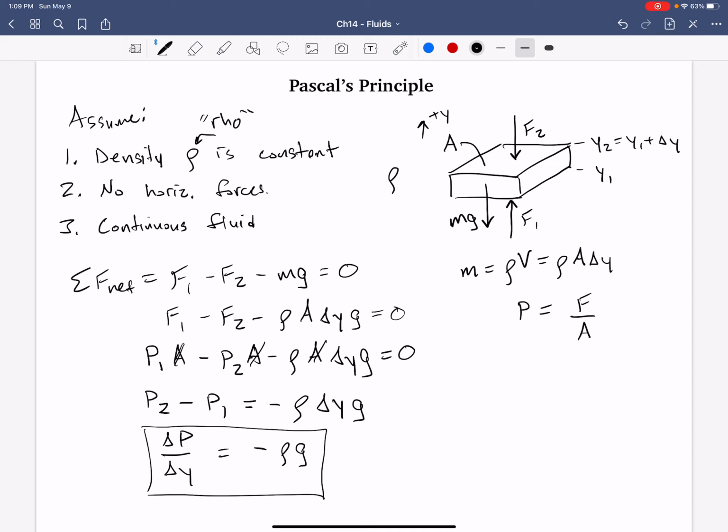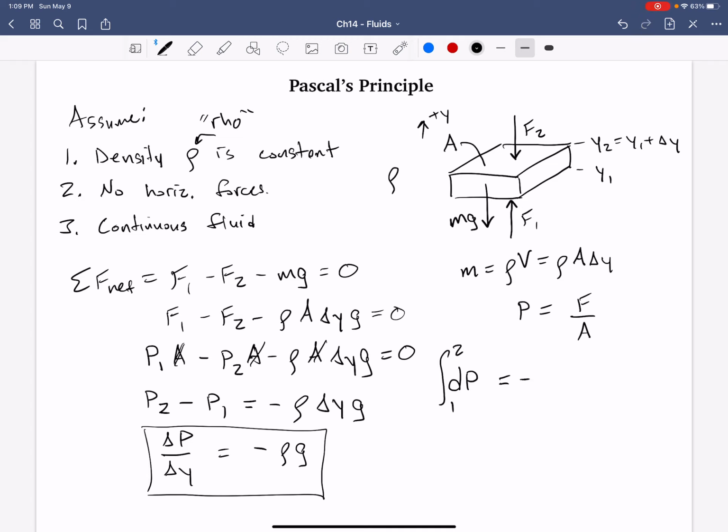So let's write this another way, actually. Let's put this in calculus speak. Well, that means that if you have dP, a change in pressure, if you integrate over that change in pressure, you should get a change in height. So rather, let's just do from point 1 to point 2.